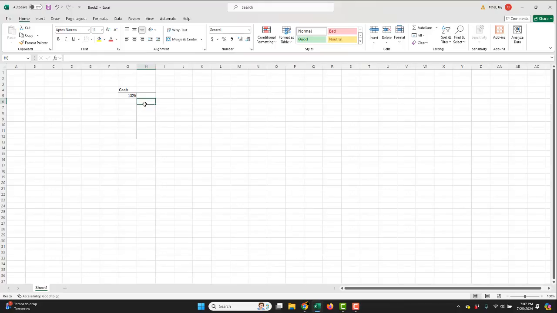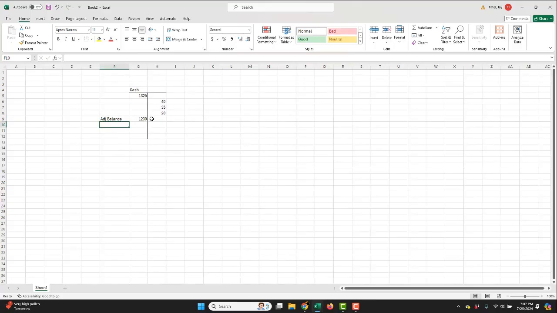So if we just put these in here, 40, 35, 20, and again, I'm just posting the credits that went to our cash account, we're going to end up with this adjusted balance that we want. So now we have adjusted our accounting books to reflect how much cash we actually have.